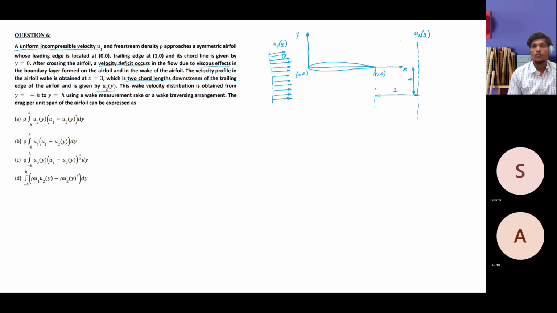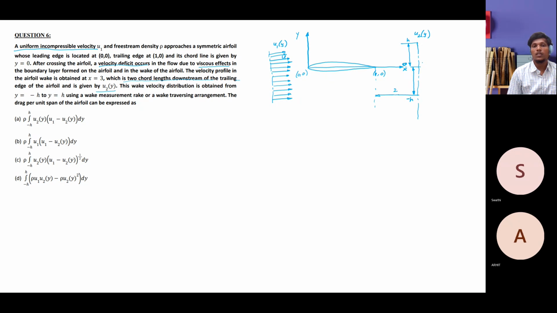This is minus h, and this is your plus h. So they did the measurements from minus h to h. That is like from this point to this point and this point to this point. For better understanding, writing minus h here is correct, and writing h here is correct. And this is your 0, y equals 0.